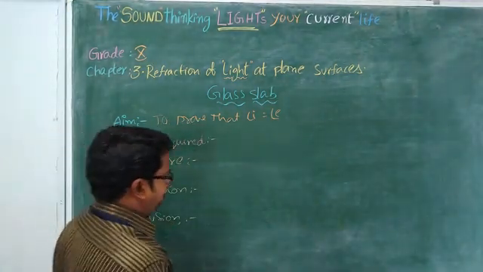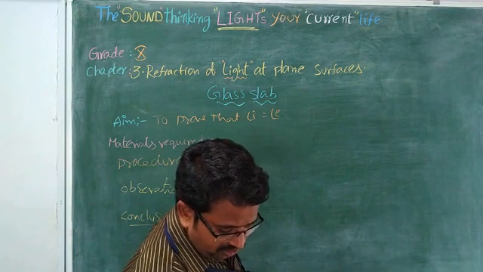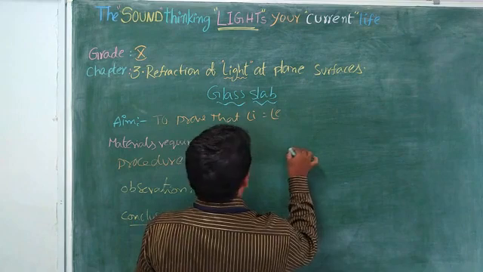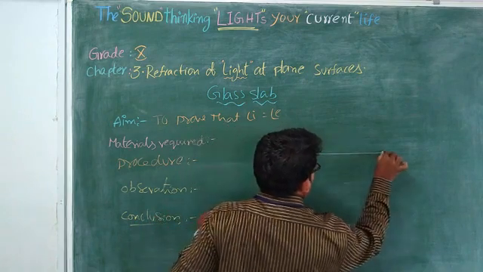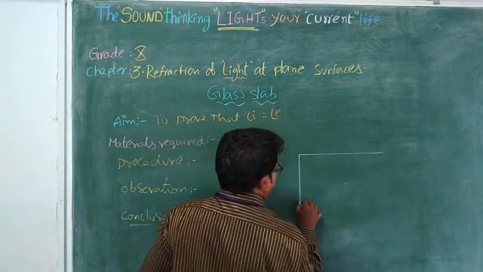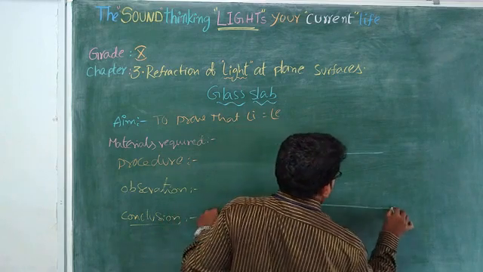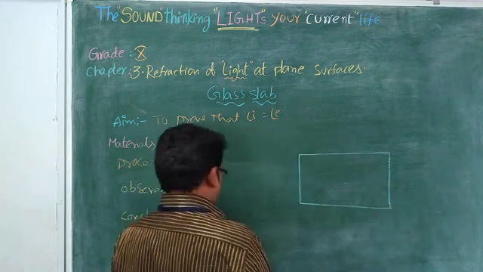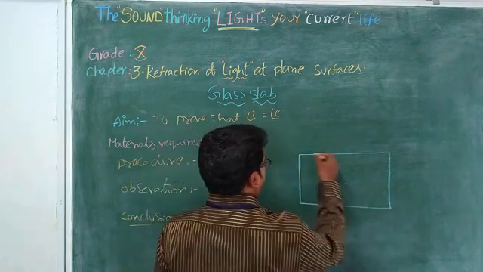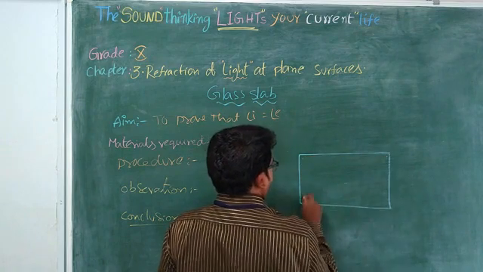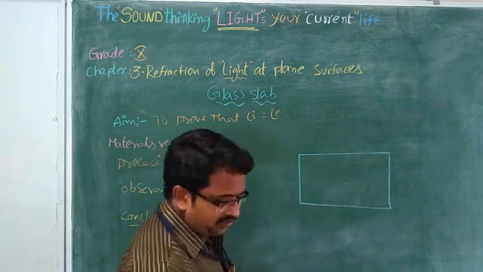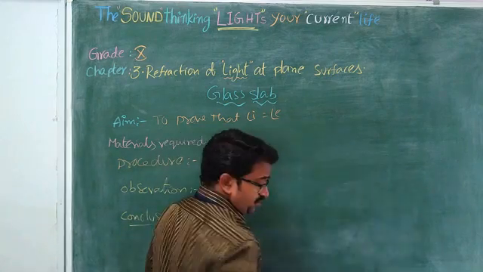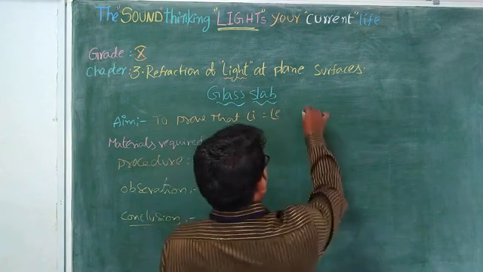First, we have to take one white chart or a cardboard like this. Let us consider maybe cardboard. On this cardboard, a white paper is fixed with the help of pins. Or otherwise, we will take a big chart, because you can easily understand how it is going to happen.